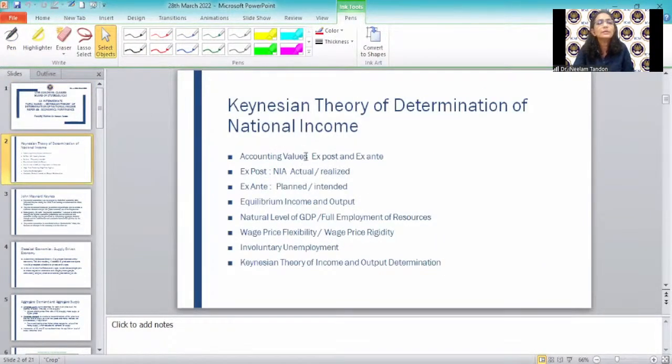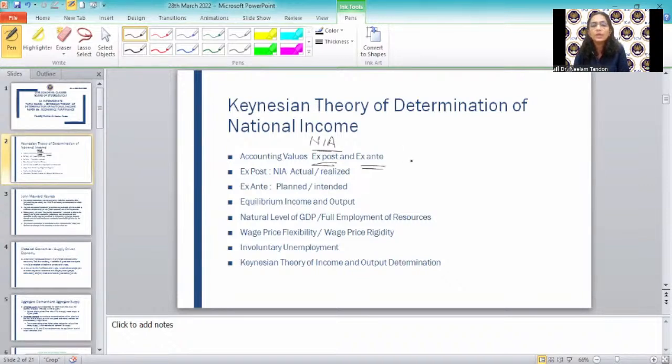If you can see here, this is ex post, what we did in national income accounting, NIA. All the records were maintained, that was ex post. Ex ante is what we are going to study now.